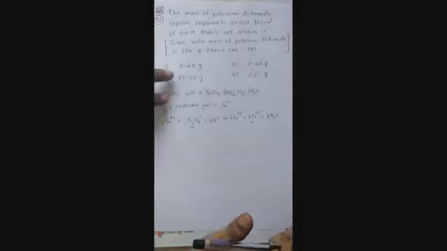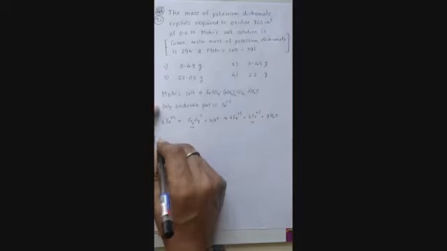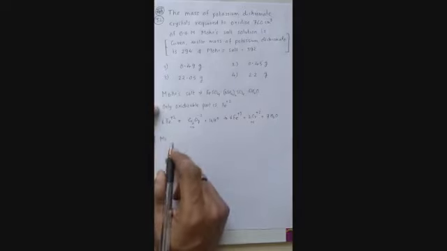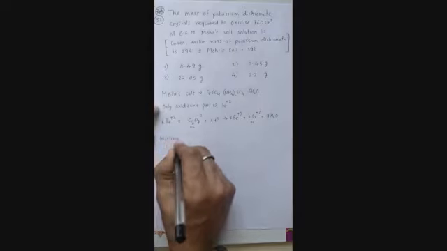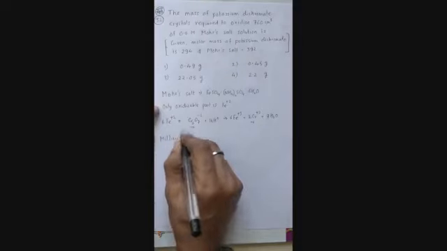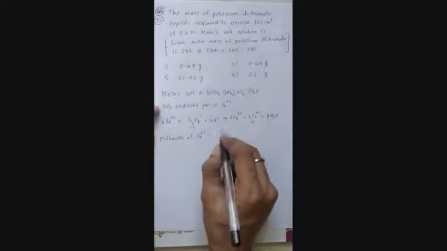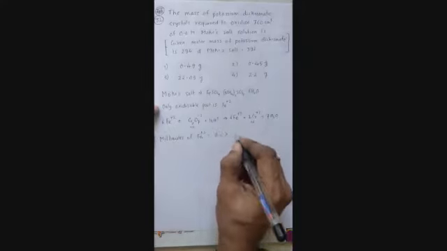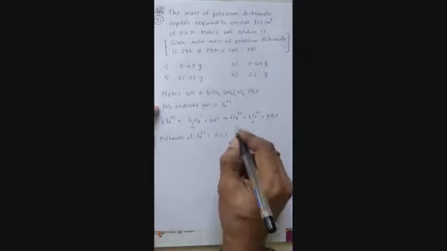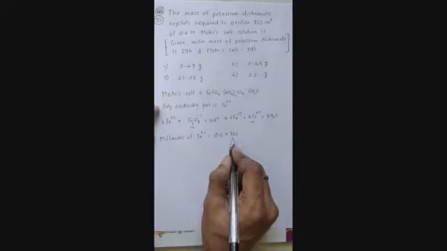Now from this reaction, first thing first, I am finding out the millimoles of Fe plus 2. How do we do that? Molarity multiplied by volume in milliliters. So what is the molarity given? 0.6 molar, and volume is in milliliters, 760. So these are millimoles. This is the formula: molarity multiplied by volume in milliliters, that is millimoles, right?